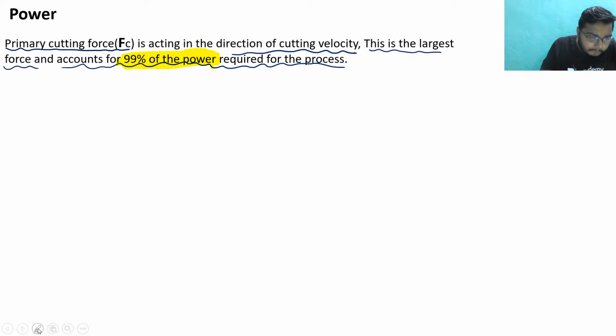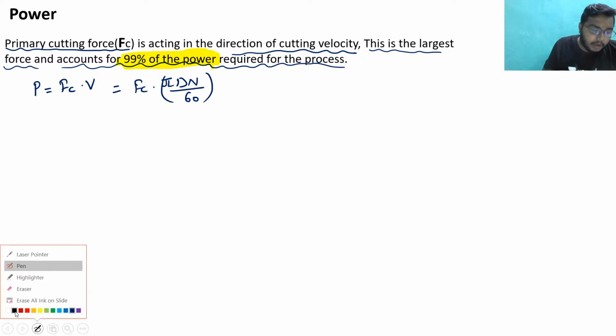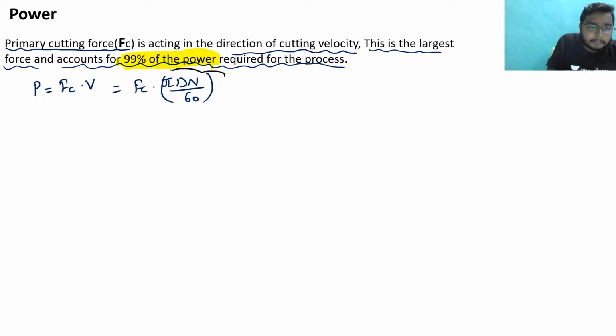Now see the formula. Power is equal to Fc into cutting velocity, and cutting velocity can be written as pi d n by 60. So this is the basic formula of cutting power.